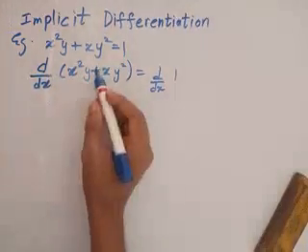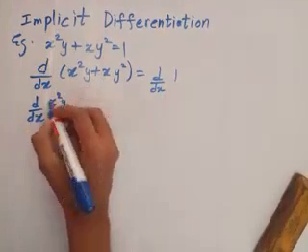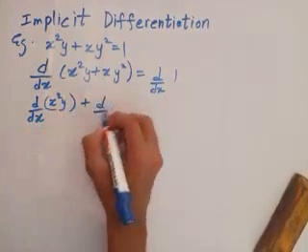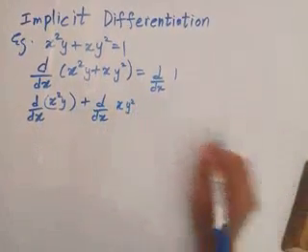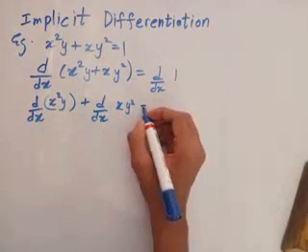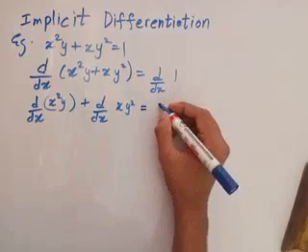Now since this is addition, we can just write this as the derivative of the first term plus the derivative of the second term. And the derivative of a constant is just 0.